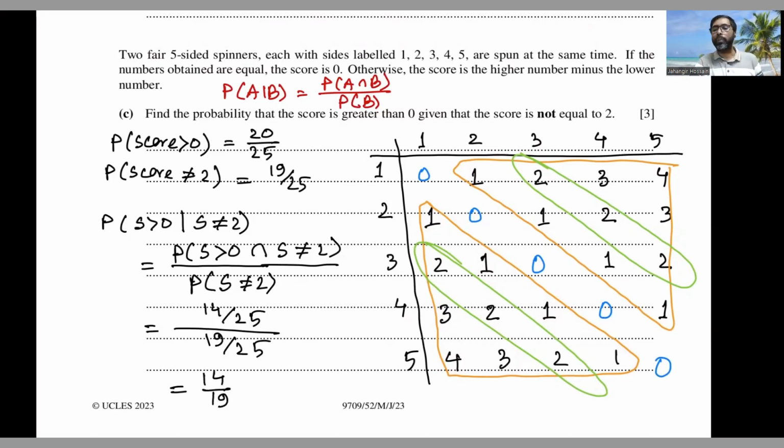That's the probability that the score is greater than 0, given that the score is not equal to 2. So wherever this equation is confusing, you better use the help of the diagram. Here we are using this sample space diagram, possibility diagram. Okay. Now let's move on to the next question.